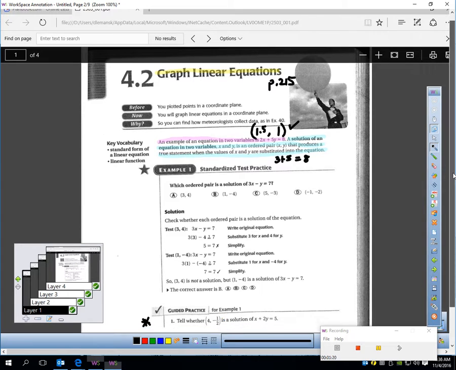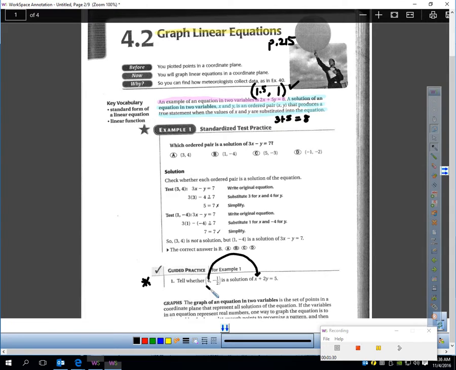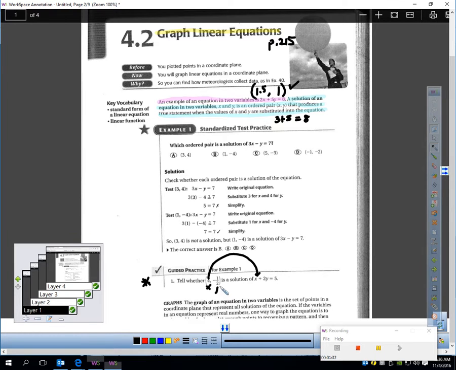Let's try another one of that here. We want to tell if this is a solution of this equation. Well, let's try. I'd have to put a 4 in for x because this is my x value, and I'd have to put in -0.5 in for y because that's my y value. If I put a 4 in here for x plus 2 times -0.5, am I going to get 5?